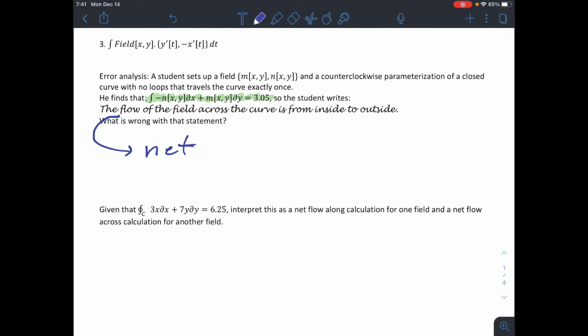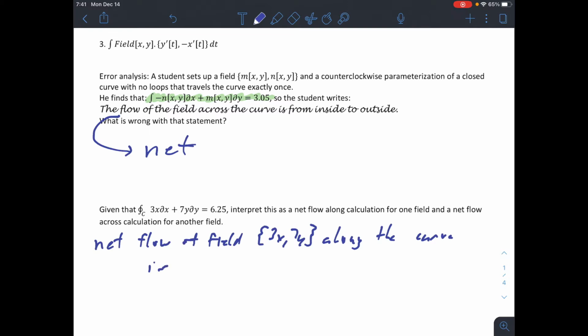So this 6.25 being positive tells us that the net flow of this field, positive 3x, positive 7y, along the curve is counterclockwise.